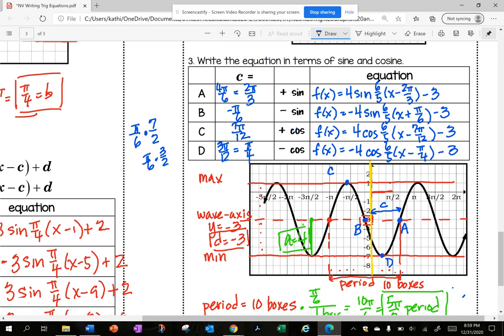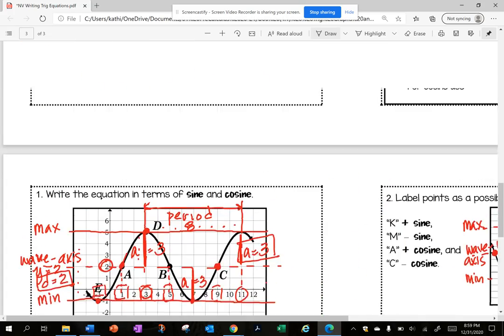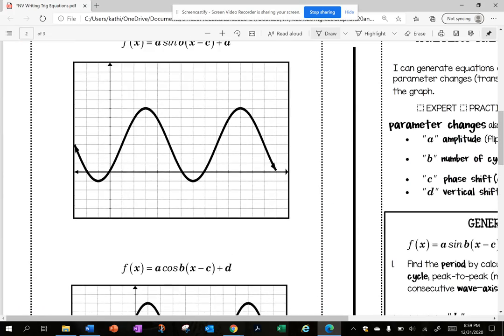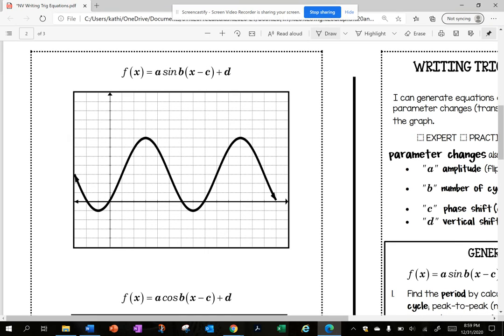Okay, so let's go on our drawing on the back one more time just to review where everything is and what it looks like. So if I have a sine wave, where is a period?